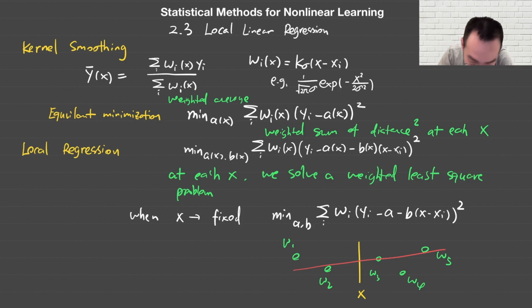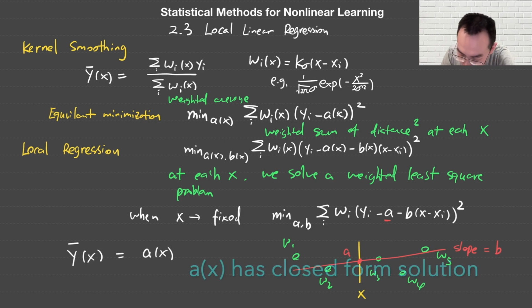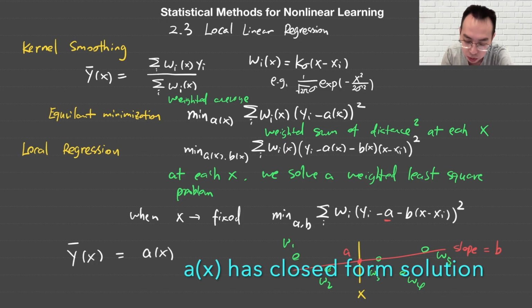At this point here, the fitted value is a, so that's the intercept, and the slope is given by b. That is the problem we are solving at each data point x, and x can be a continuous value taken at any real number. So our predicted value, y-hat of x, equals a of x, because we are centering at each point when we are solving this least square problem.